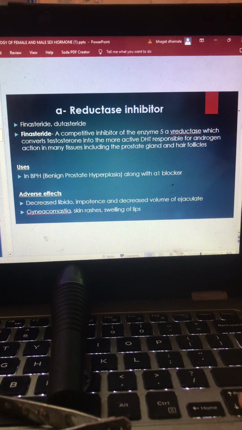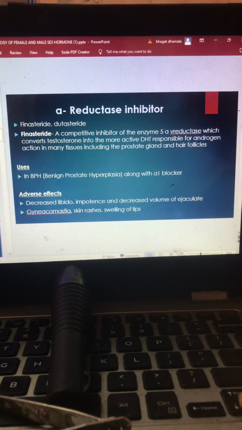They are usually used in BPH, that is benign prostatic hyperplasia, along with alpha-1 blockers. The adverse effects of these drugs are decreased libido, impotence, and decreased volume of ejaculate. Similarly, they can also cause gynecomastia, skin rashes, and swelling of lips.